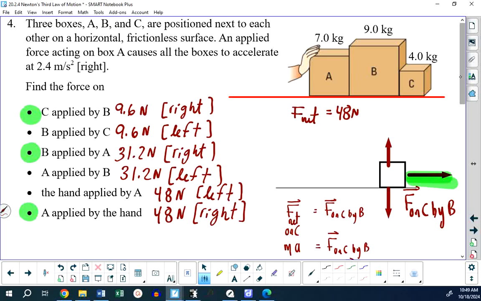If you just look at this whole thing, there is a force on the whole thing of 48 newtons. And that has to be equal to MA. And the mass of this is 20 kilograms. So what do you get for the acceleration when you apply F net equals ma to the whole thing? You get 2.4.